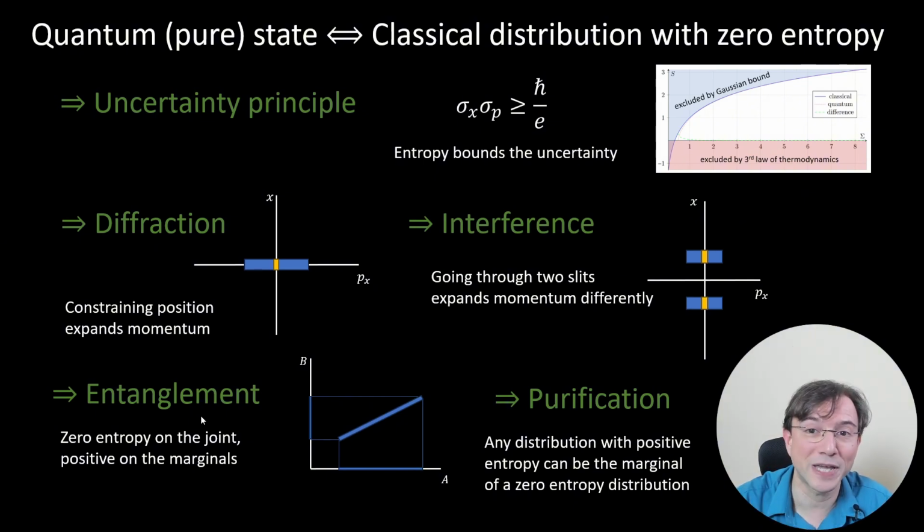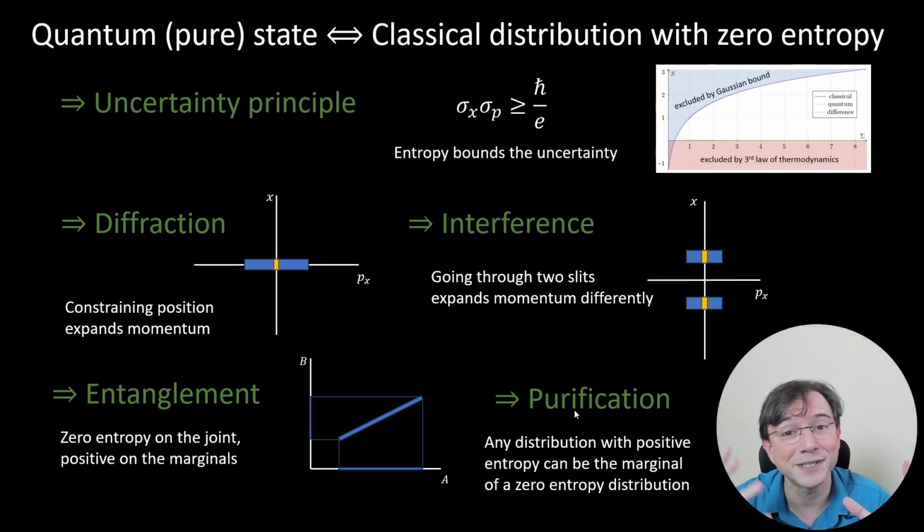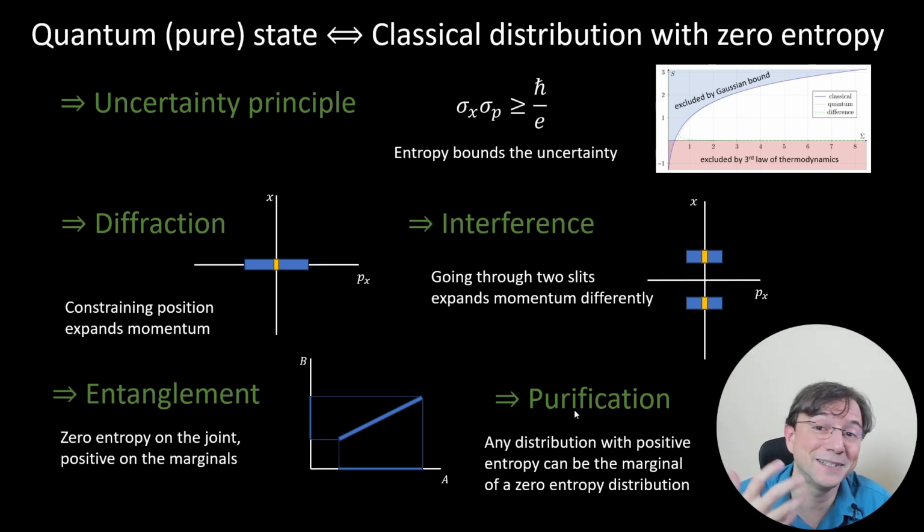And then we saw that we can have a notion of entanglement, because zero entropy on the joint might still give you positive entropy on the marginal if you have a correlation. So entanglement is just a correlation. And we can purify a system, meaning that any classical distribution that has entropy greater than 0, we can still think of as coming from a joint that has 0 entropy.